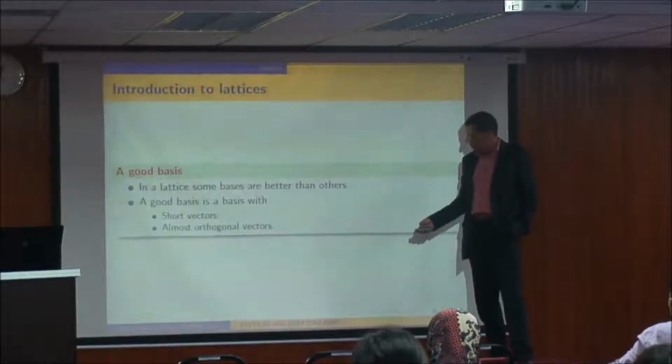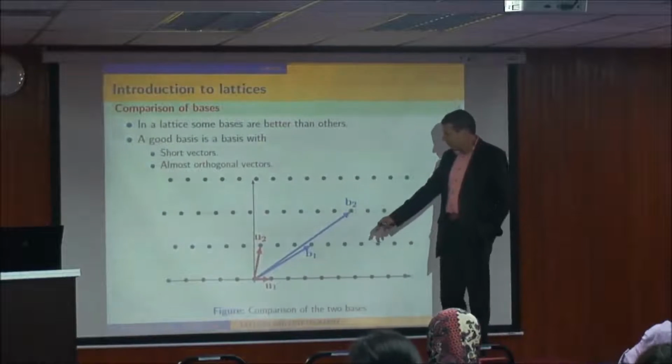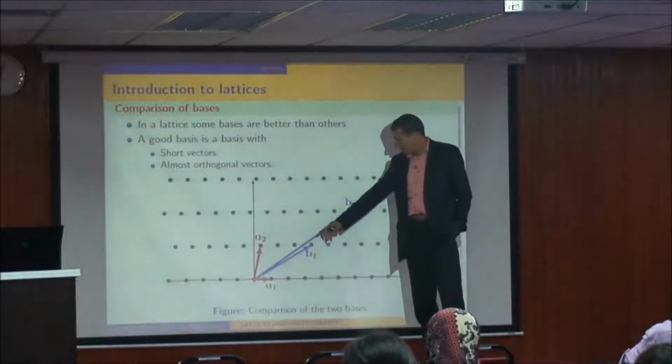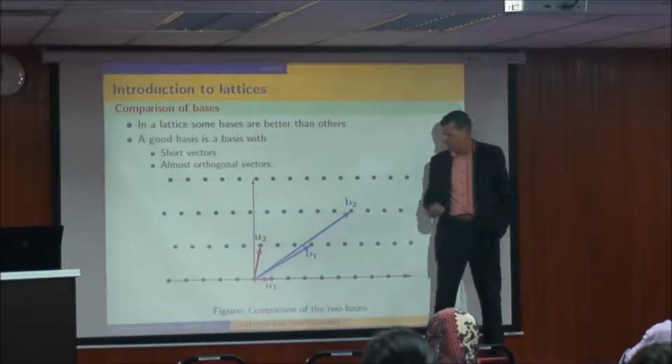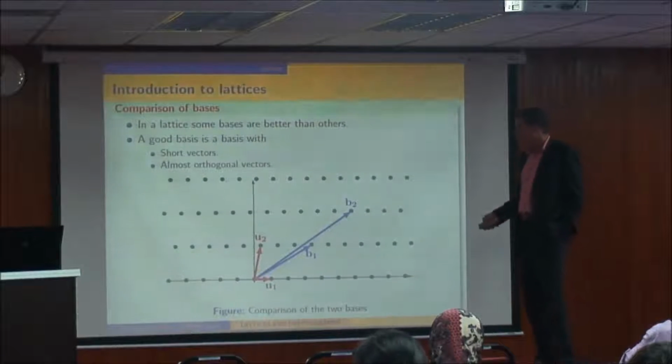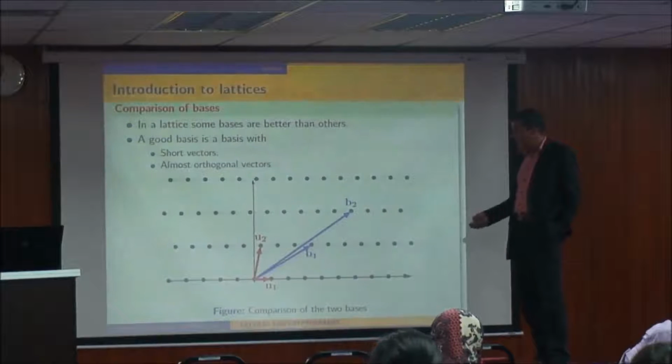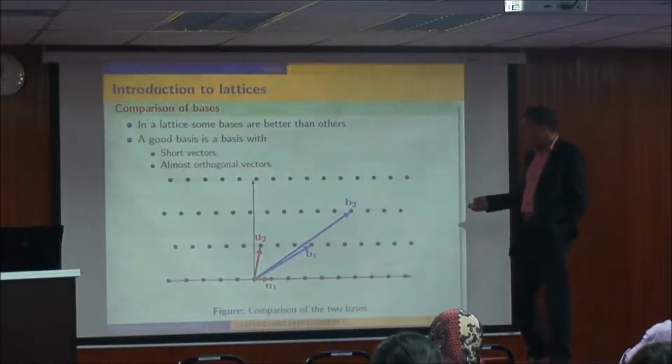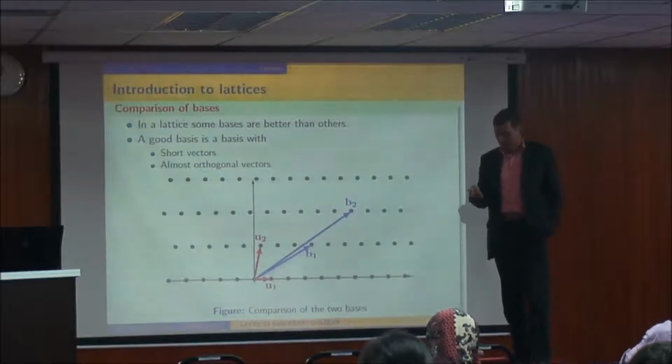If we compare this to U1 and U2, the vectors U1 and U2 are short and almost orthogonal. So for lattice reduction, for lattice theory, the basis U1, U2 is better than B1, B2.